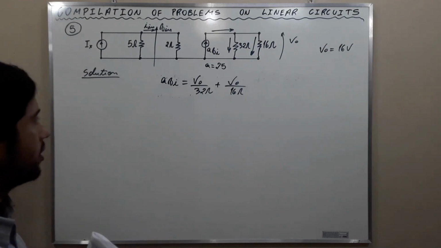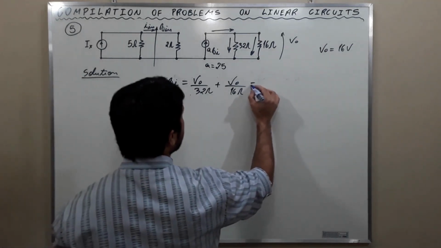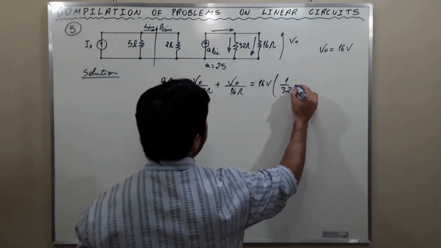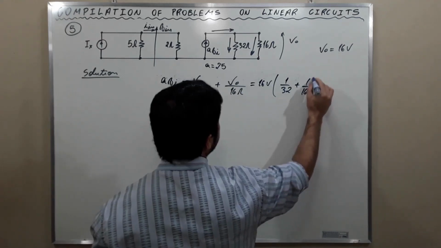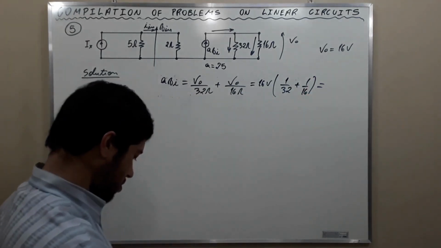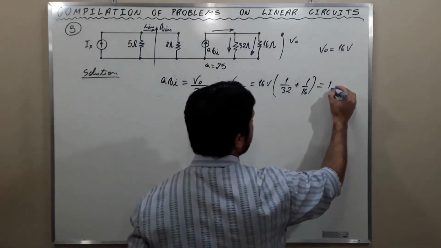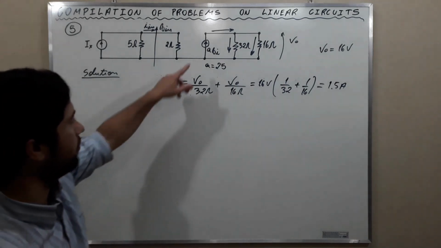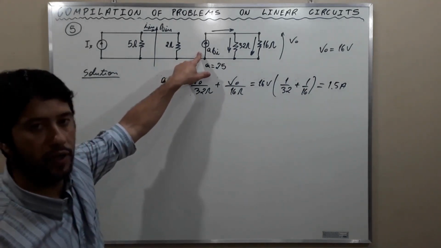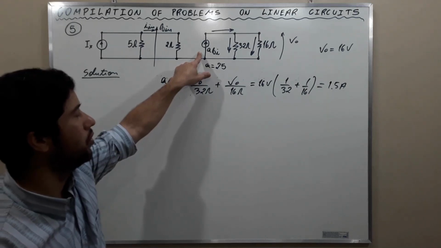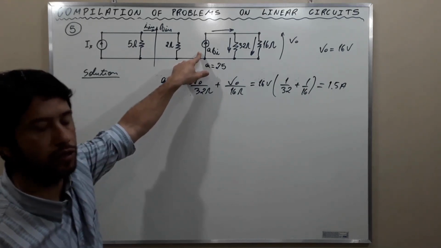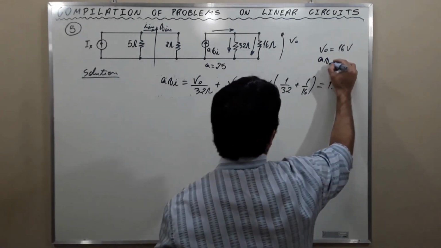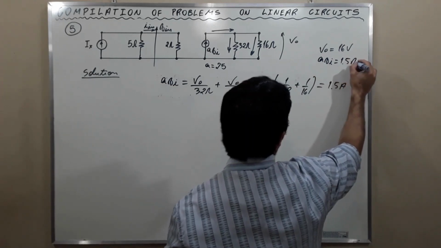Using the value, 16 volts times 1 over 32 plus 1 over 16, we find the value of 1.5 amps. This is the value of the current of this voltage controlled current source. So AVI is equal to 1.5 amps.